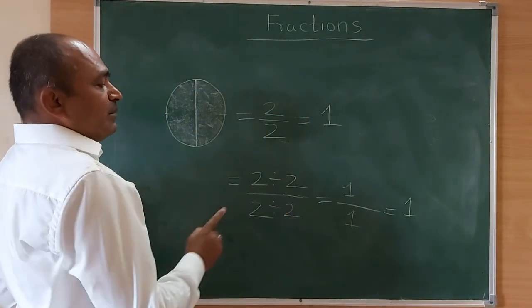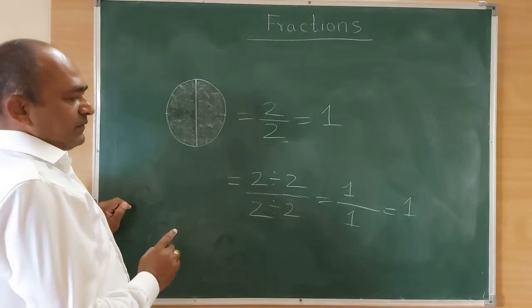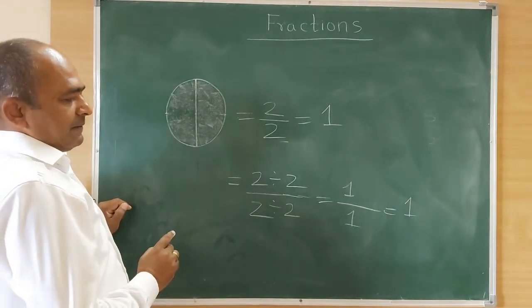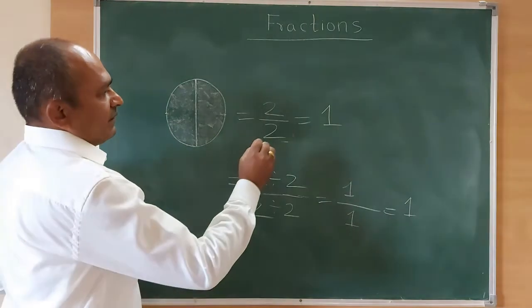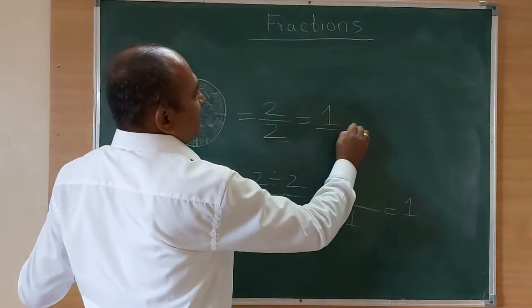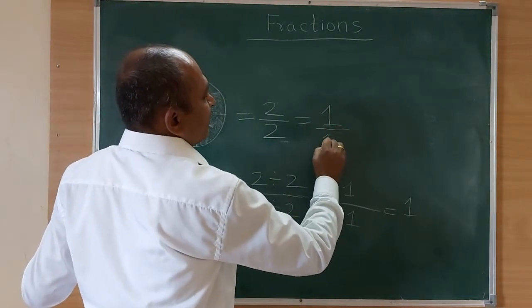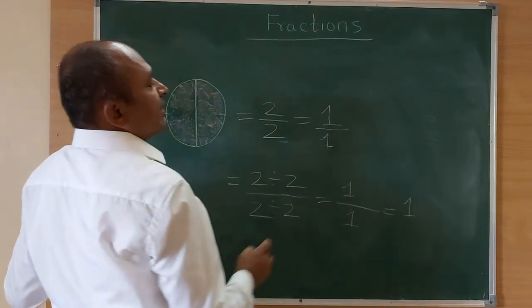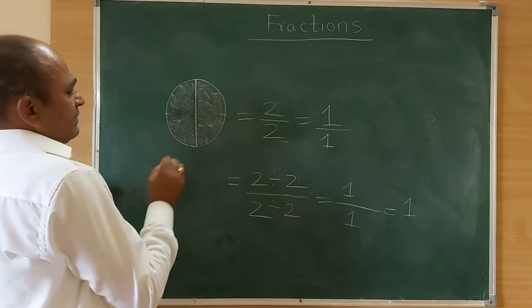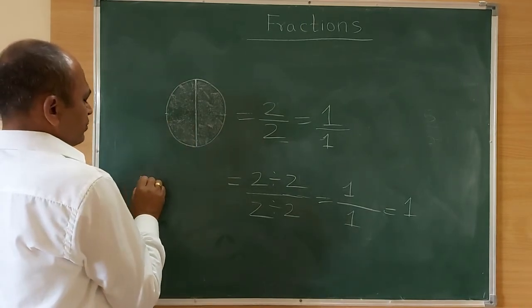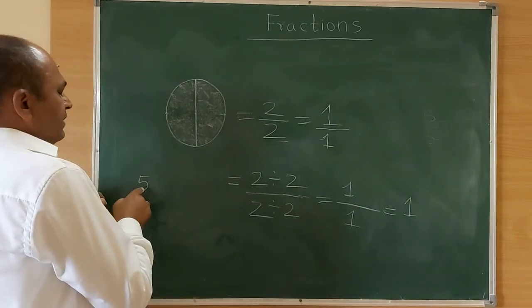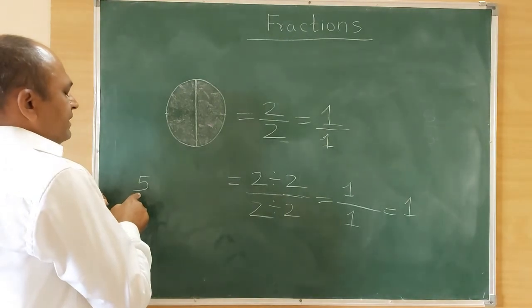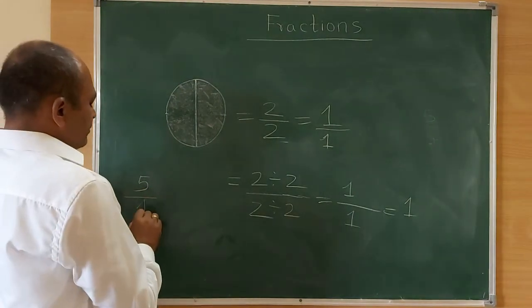And one more thing: suppose this 1 here does not show a denominator. Here the denominator is always 1. For the number which is shown, suppose 5 is shown and the denominator is not shown, it is always 1.